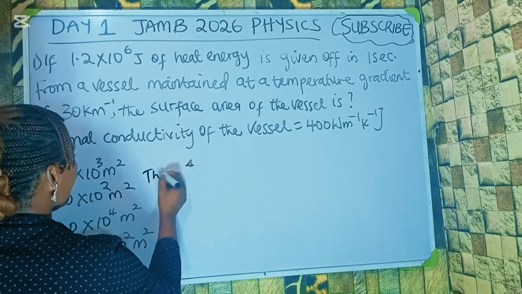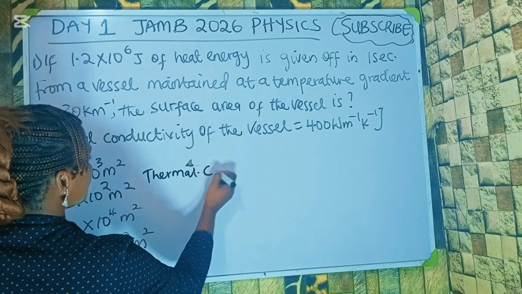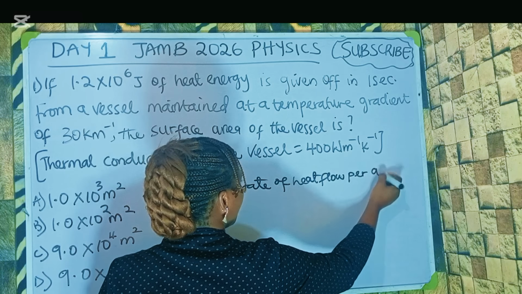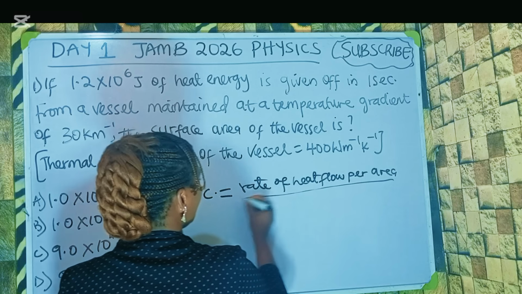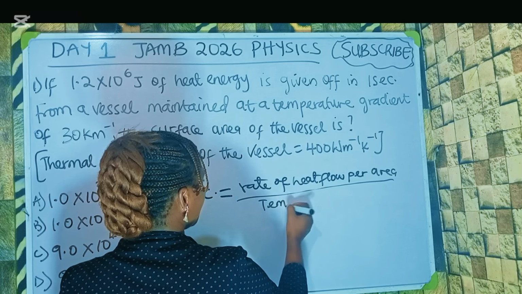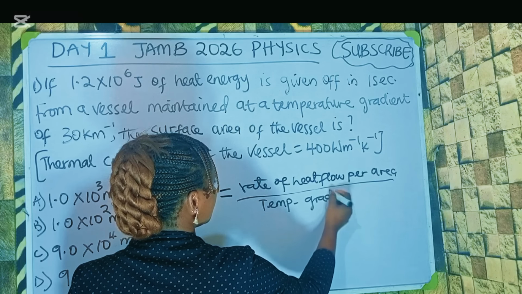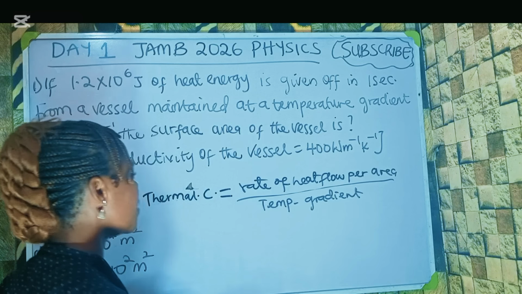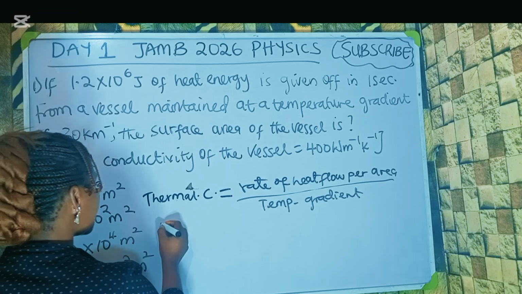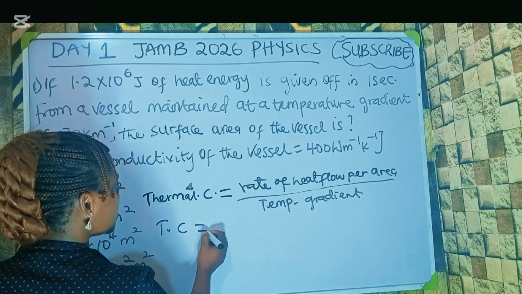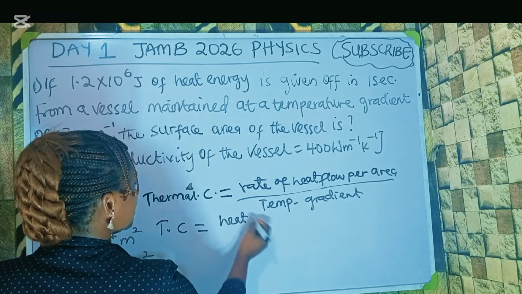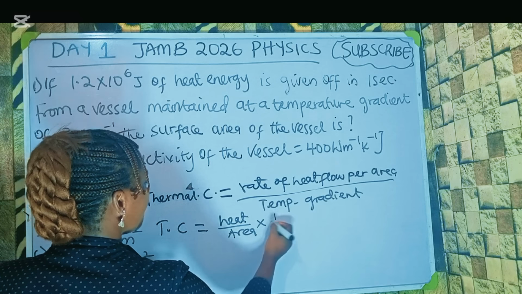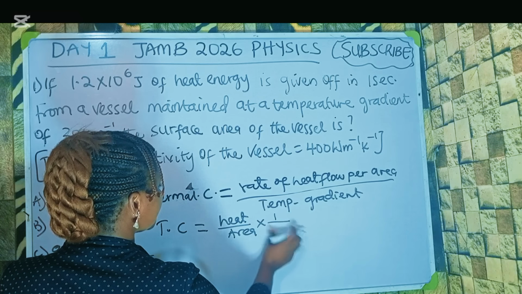Now from the formula, thermal conductivity is equal to the rate of heat flow per area, all over the temperature gradient. Now what are we looking for? We are looking for the area, okay? So I'm going to make it the subject. Thermal conductivity is equal to the rate of heat flow over area, multiplied by 1 over temperature gradient.